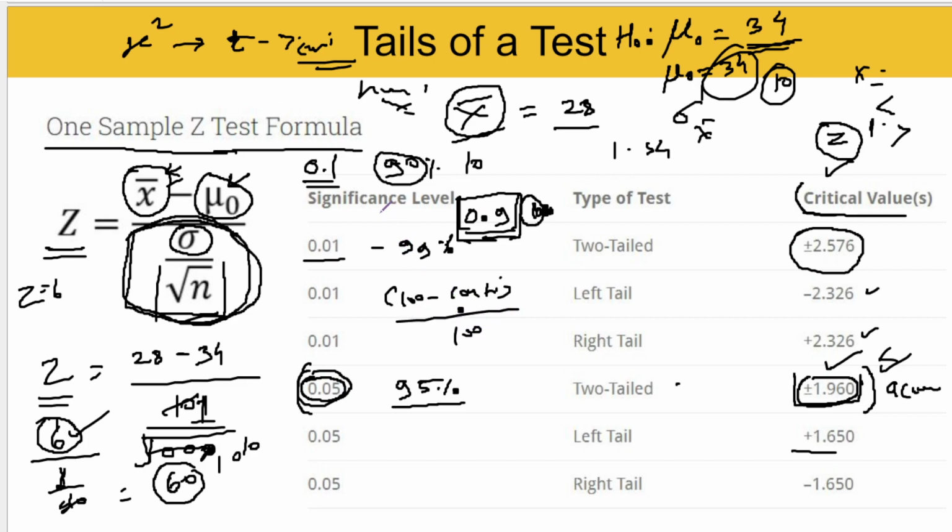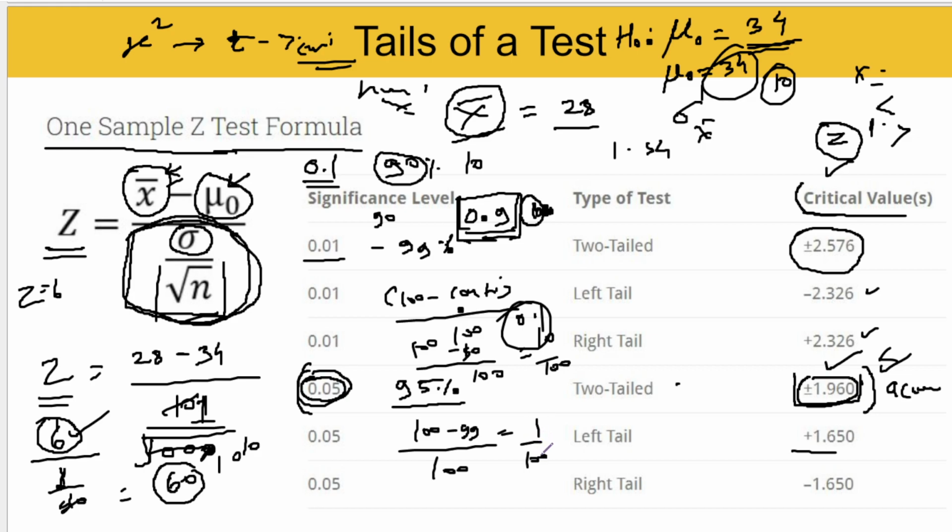Suppose my confidence level is 90: 100 minus 90 divided by 100 is 10 divided by 100, which is 0.1. For 99%, it is 100 minus 99 divided by 100, which is 1 divided by 100, which is equal to 0.01. This is for the 99% confidence level. This is for 95%.